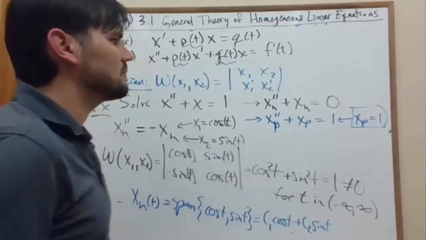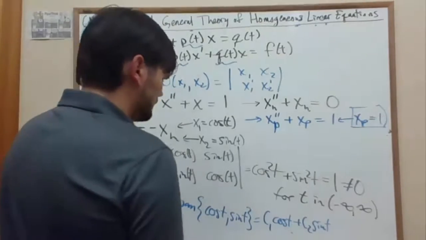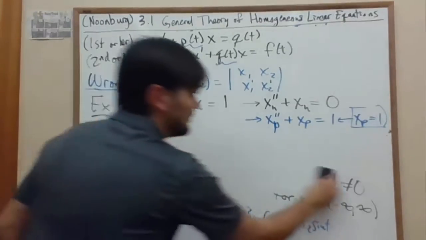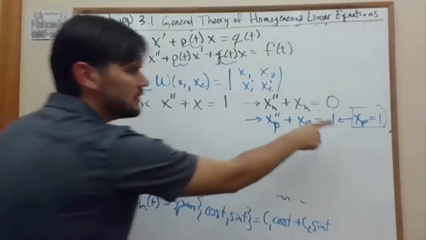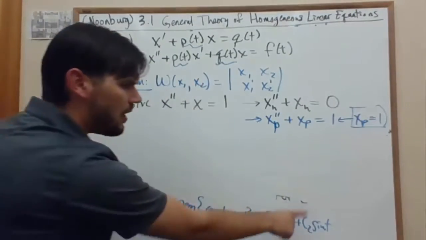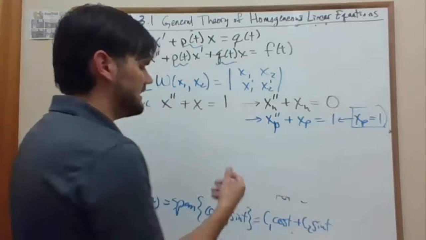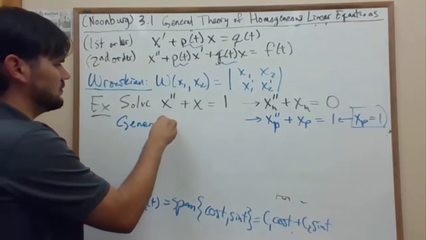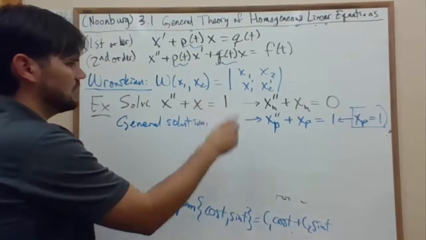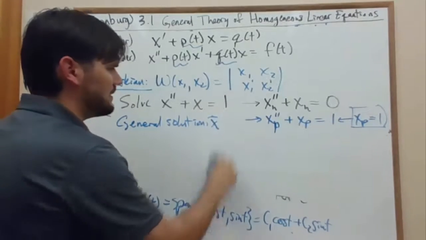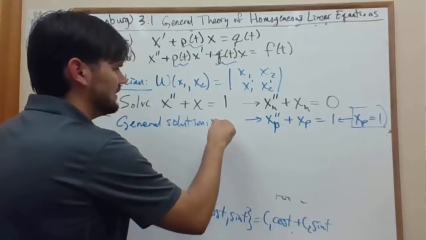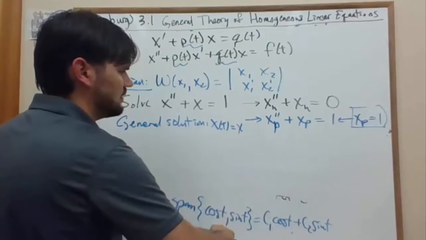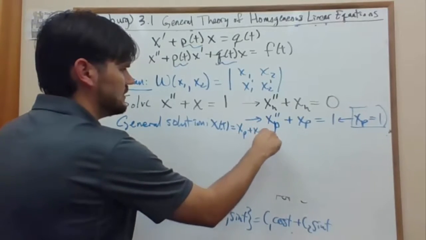So let's back it up. We know a form of x_p. We know one solution that solves it. We also know all possible solutions that make the left-hand side equal to 0. That means that the general solution, I keep thinking in terms of vectors, x of t equals x_p plus x_h.